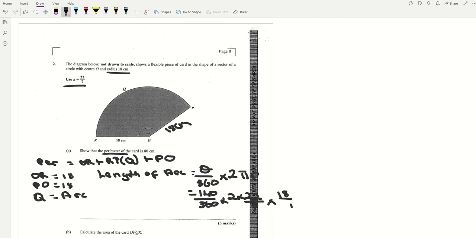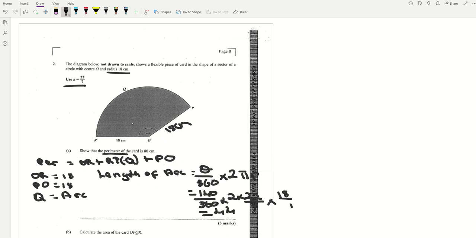Do this in your calculator. I'll put 140 over 360 multiplied by 2 multiplied by 22 over 7 multiplied by 18, and when I multiply it, I'm going to get 44.